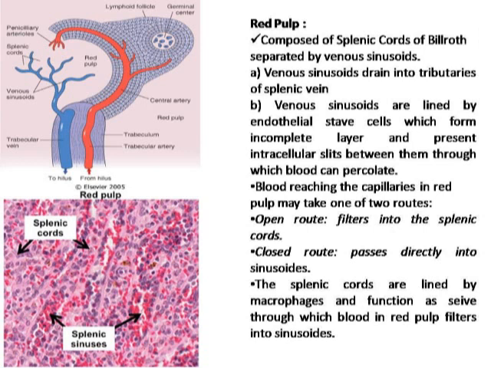So, as the blood slowly flows through the sinusoids, it is exposed to macrophages from the cords of Billroth, waiting for foreign antigens that can appear in the blood.